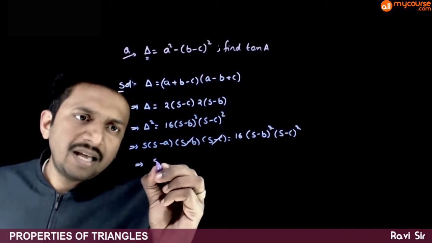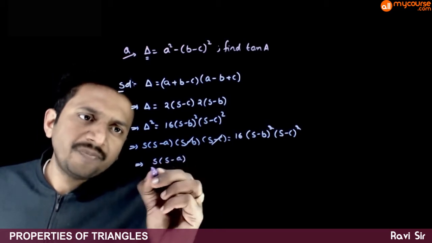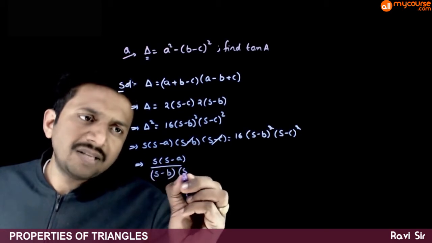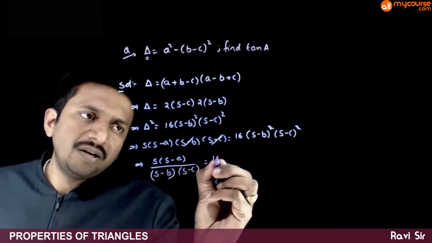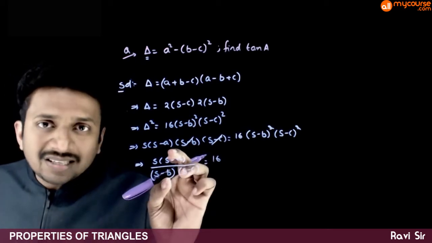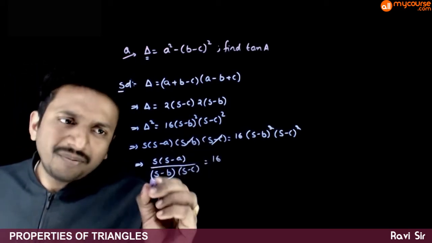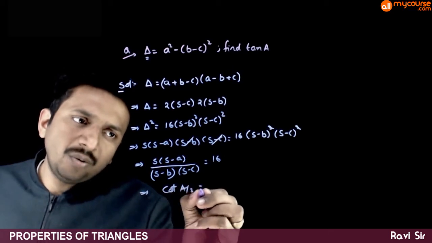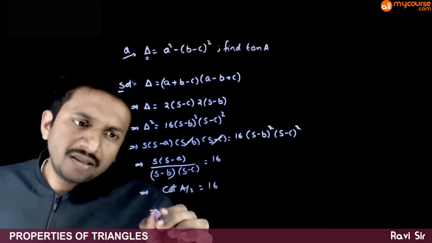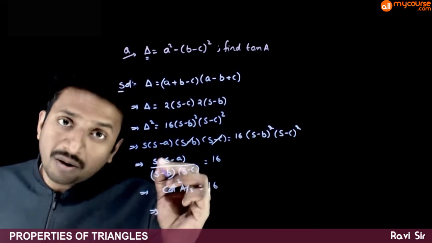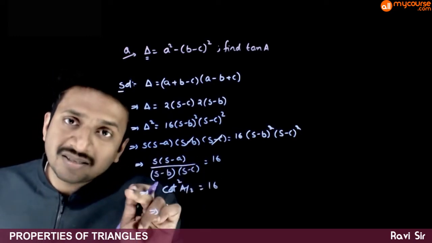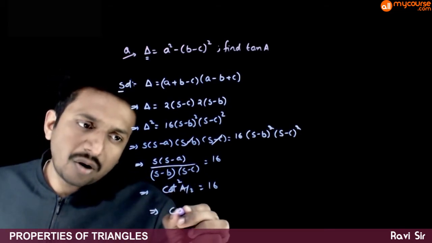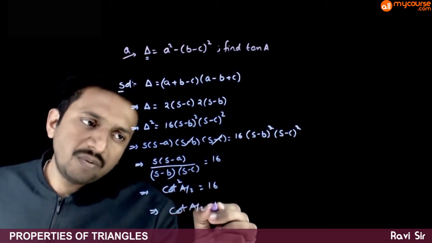This implies s(s minus a) by (s minus b)(s minus c) is equal to 16. So this is nothing but the reciprocal of tan A by 2, right? So this implies cot square of A by 2 is equal to 16. So cot A by 2 is equal to 4.